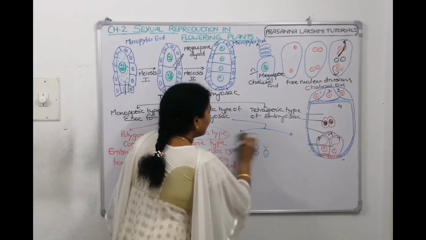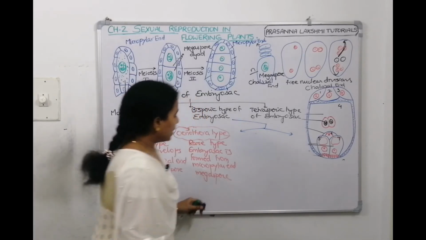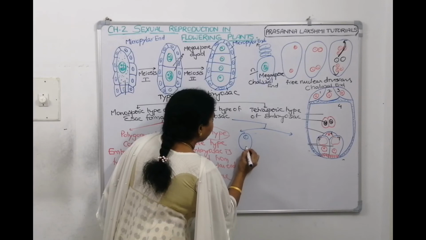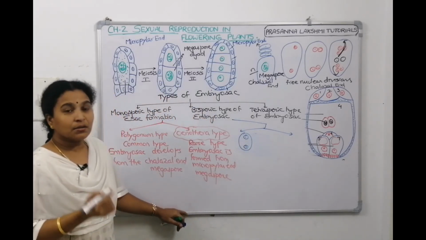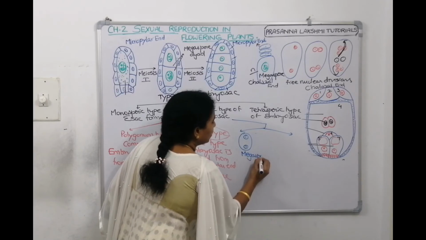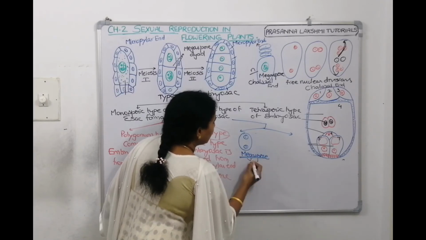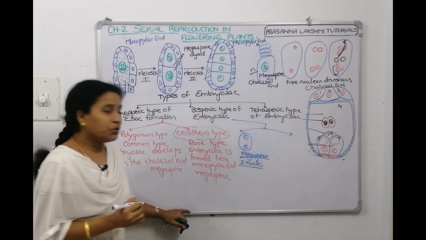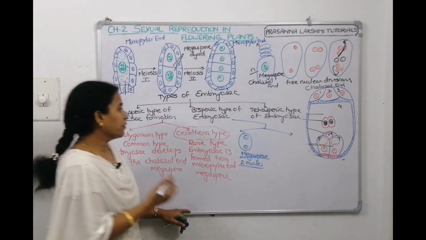Or we can tell that the spore has 2 nuclei. In bisporic, the megaspore which is formed is having 2 nuclei. Now these 2 nuclei will form 4 nuclei, right?